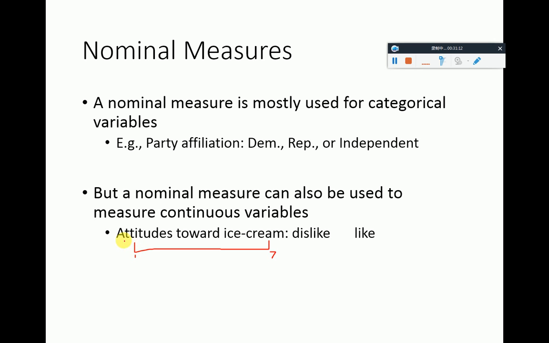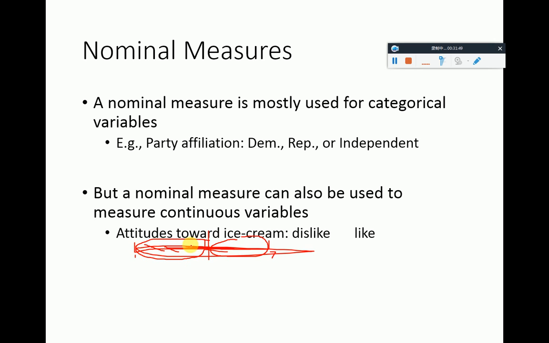So we typically treat attitudes as a continuous variable, but it's perfectly fine to use a nominal measure, dislike, like, to measure attitudes. In other words, we scratch this continuous scale and say that, instead of assigning a very specific number, 1, 2, or 3.5, to people's attitudes, we simply split this group of people into two categories.